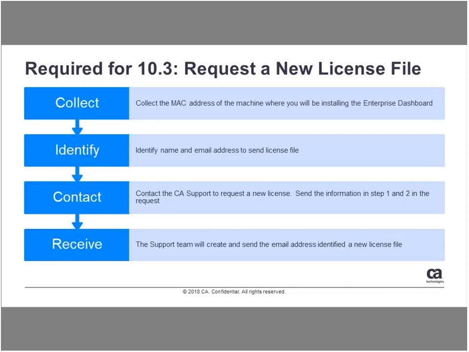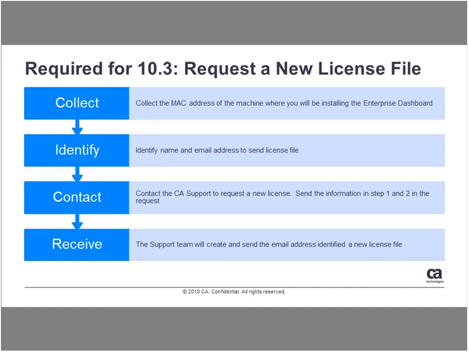Now, the first thing that is required in order to upgrade to 10.3 is to request a new license file. So if you're interested in trying out or upgrading to 10.3, you will need to look at your environment and know the MAC address of where your enterprise dashboard will be installed.